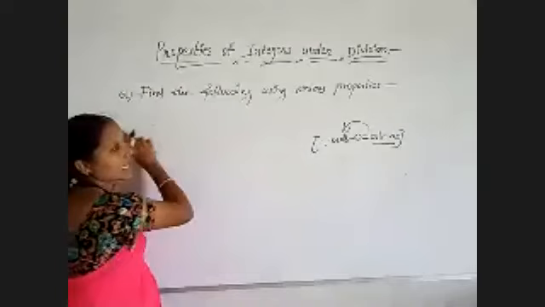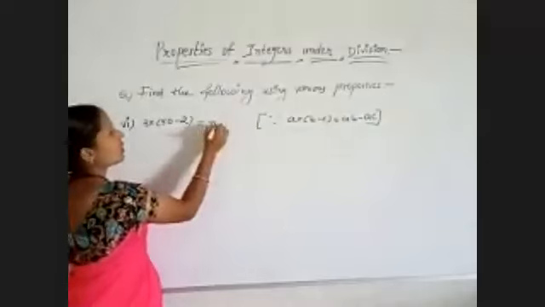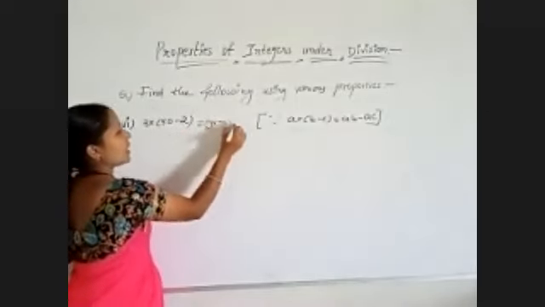Again distributive property. It is in the form of A into B minus C, that is nothing but AB minus AC. Apply that: 7 into 50 minus 7 into 2.